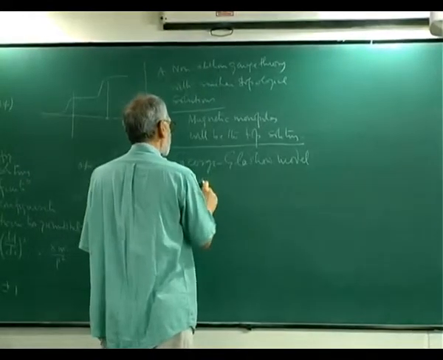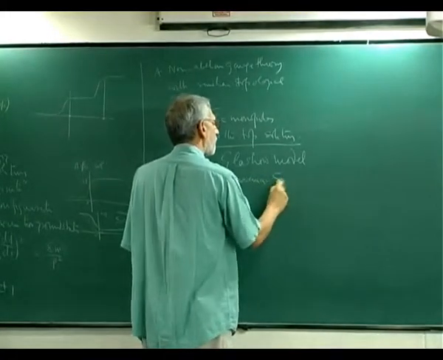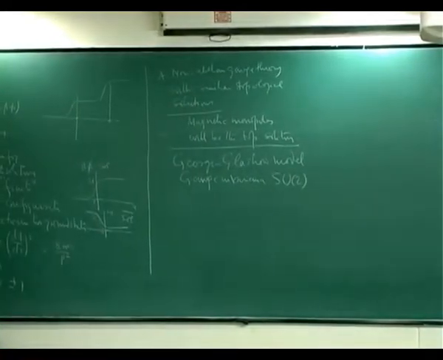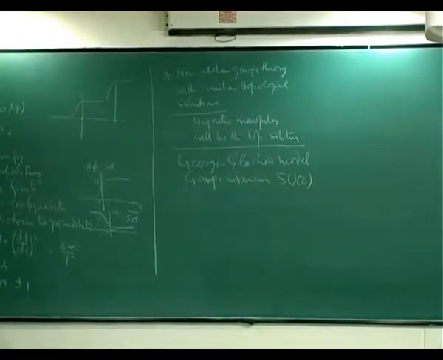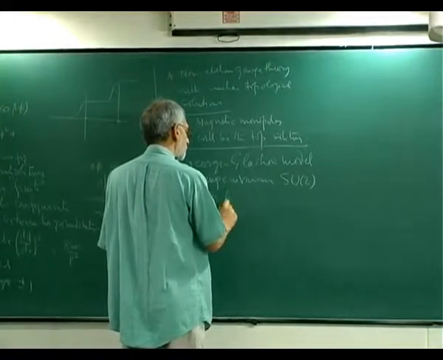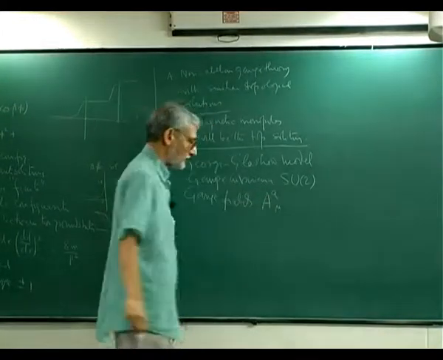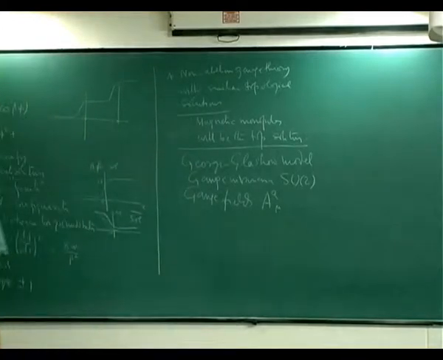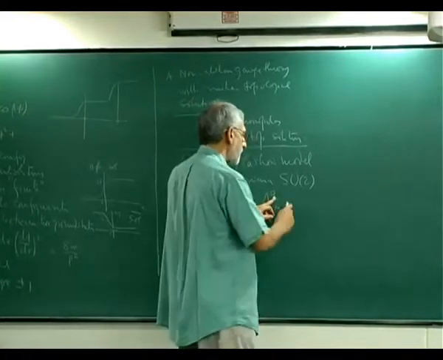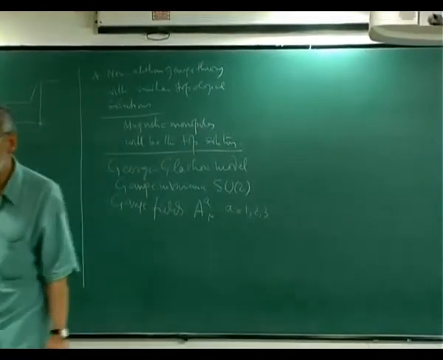It has SU2 gauge invariance, and contains therefore gauge fields A mu, where A is the SU2 index and runs 1 to 3.